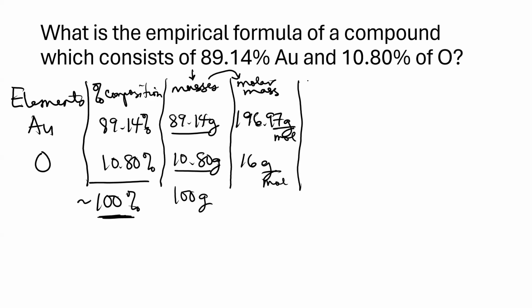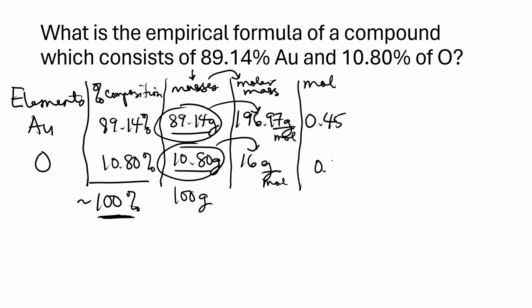With that, we can get the mole values of each of the elements. Dividing 89.14 by 196.97, we get 0.45, and dividing 10.80 by 16, we get 0.675. And then we get the molar ratio of each of these elements.